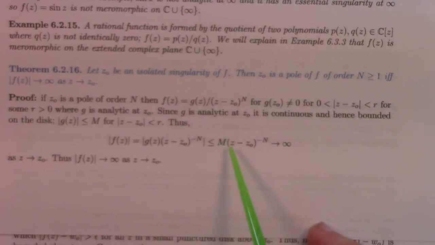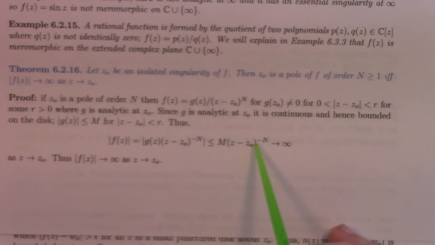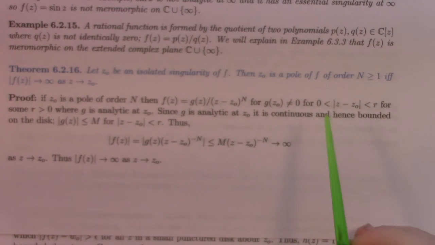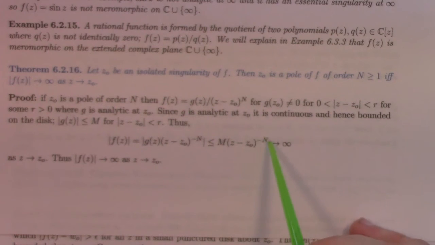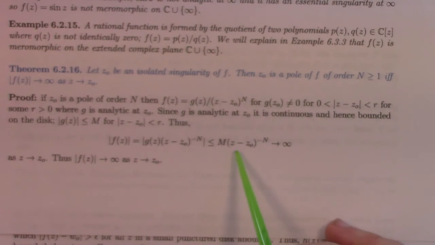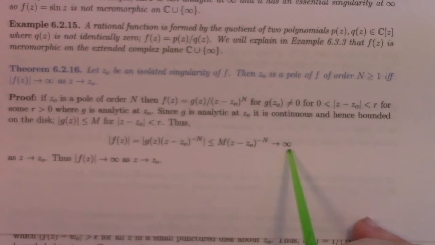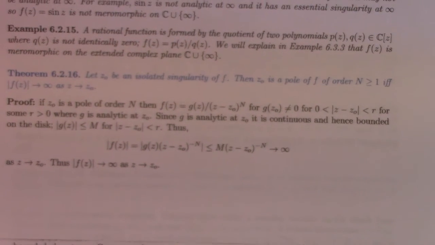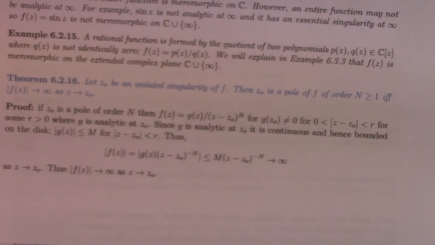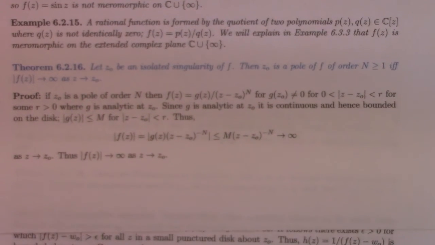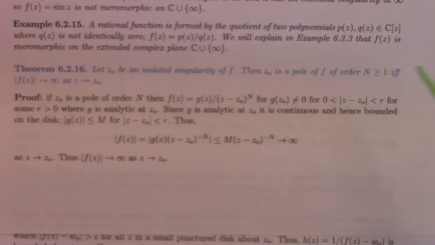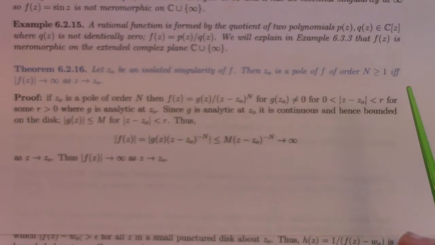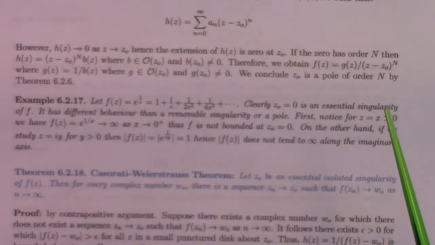So you can bound it by M, then you have z minus z naught to the minus n. But here n is a positive thing, so as z goes to z naught, the modulus of this goes to infinity, because that's like division by a small positive number, right? When you look at the modulus. I'm missing a modulus here, I think. Okay. So there you have it.